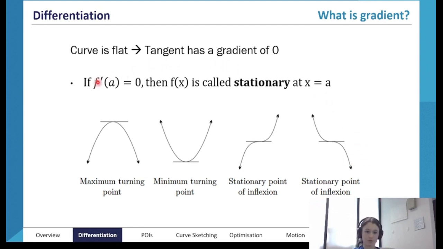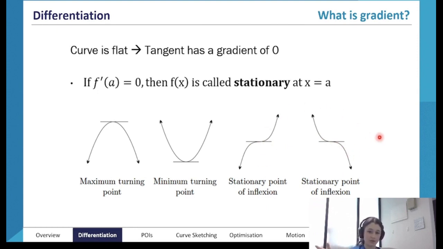So in all of these scenarios down here, we have curves that have a gradient of 0 at a particular point. So here the gradient is 0, here the gradient is 0. Here we have this chair-shaped function, which is what you might typically see in a cubic polynomial, I mean. We have this stationary point of inflection in these scenarios here as well.